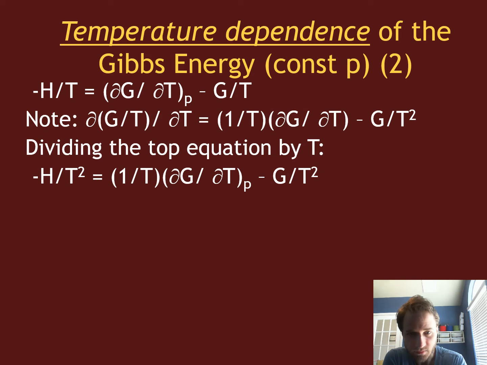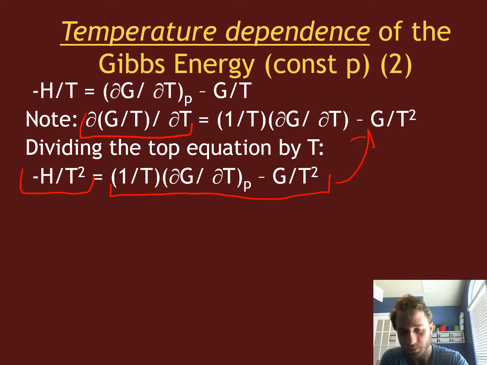But I use the fact that the derivative of G divided by T with respect to T is equal to 1 divided by T times dG/dT minus G over T squared. Using this relationship and dividing the top equation by T squared, I get that minus H over T squared equals 1 over T times dG/dT minus G over T squared, which just equals the derivative of G divided by T with respect to temperature.